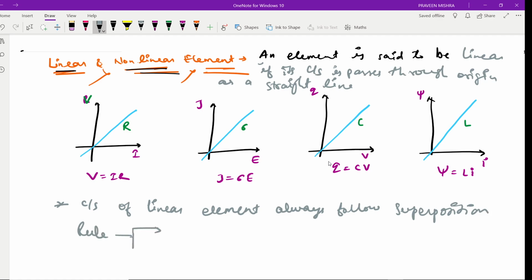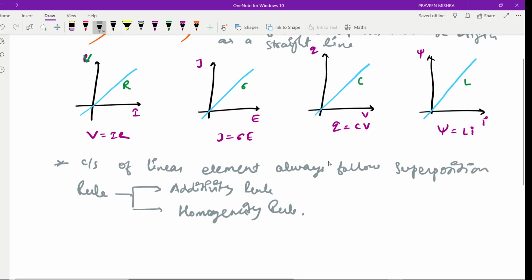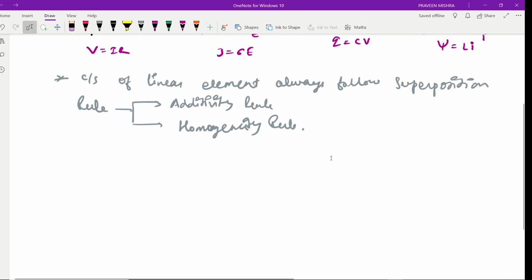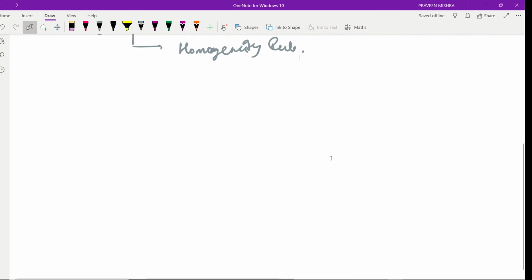It is a combination of the additivity rule and the homogeneity rule. You will get the information about it in signals and systems or data systems. If it is not there, then we will discuss it later with suitable examples. This is how we can classify linear and non-linear elements as per the characteristic.